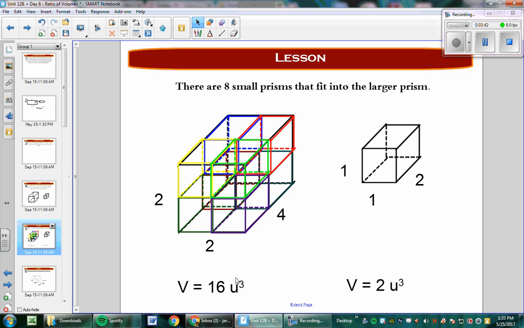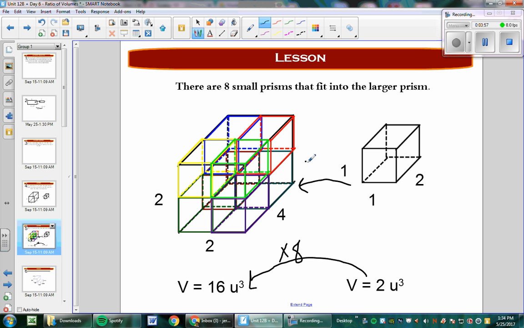If I find the volume here, I get 16, which is 8 times as big. Or that's another way of saying 8 of these fit in here. So when I multiply the sides by 2, the volume gets multiplied by 8.